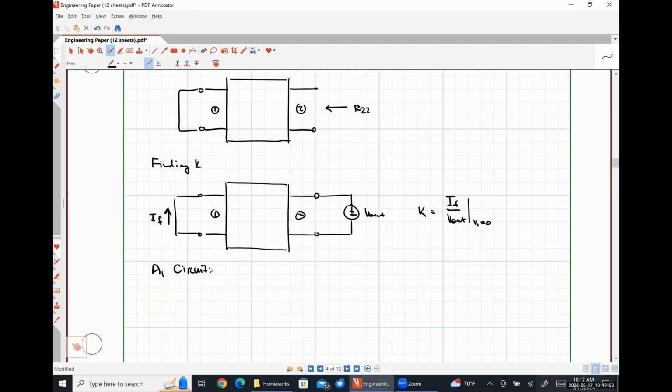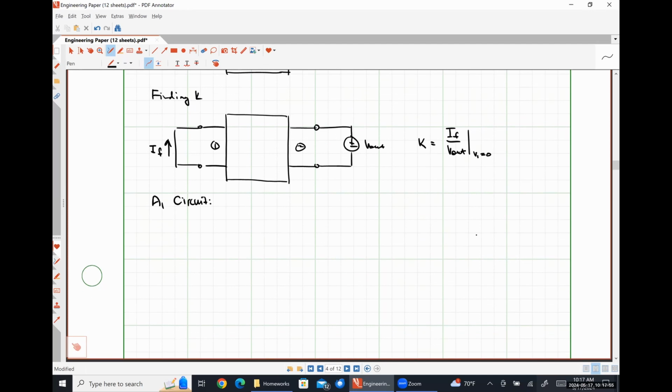So my A1 circuit is going to look something like this. Here's my signal. Here is R sig in parallel with R11.